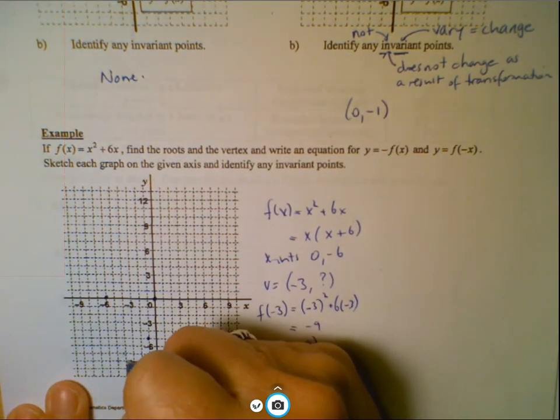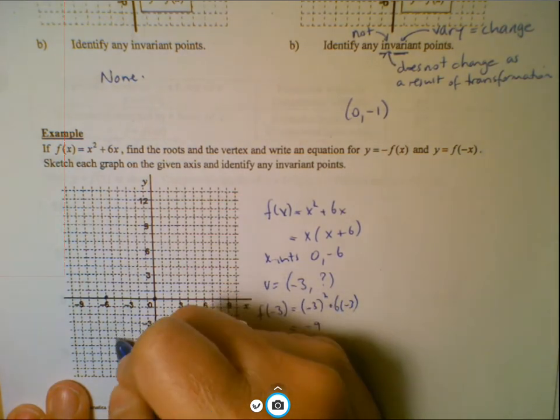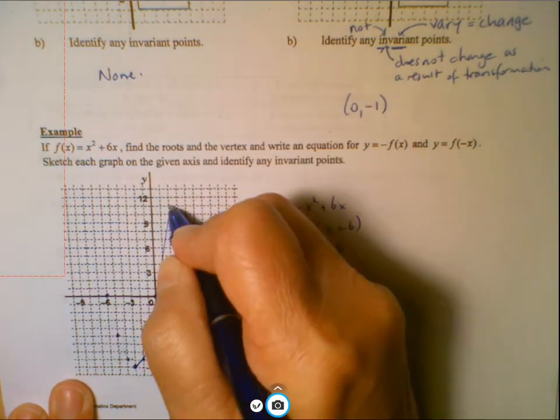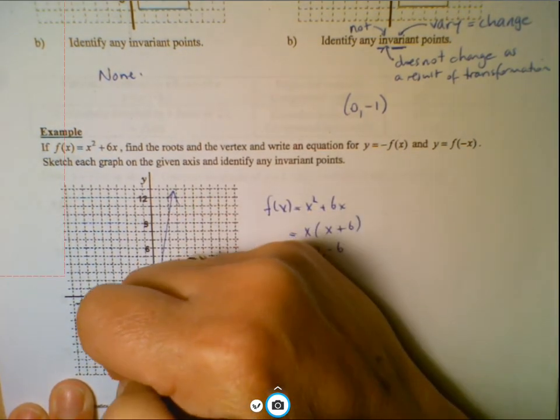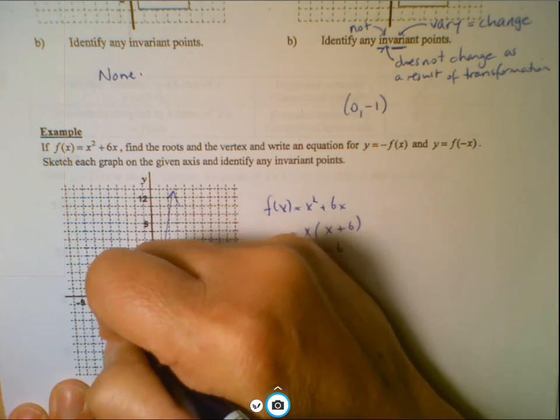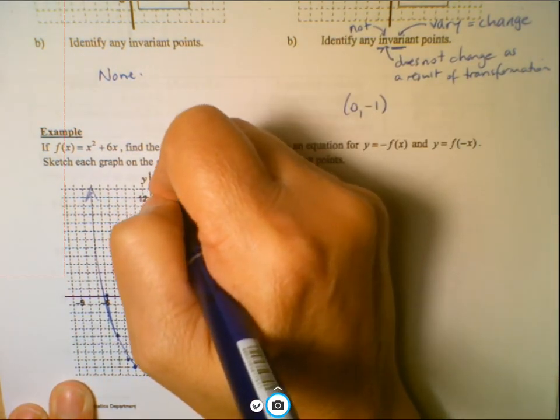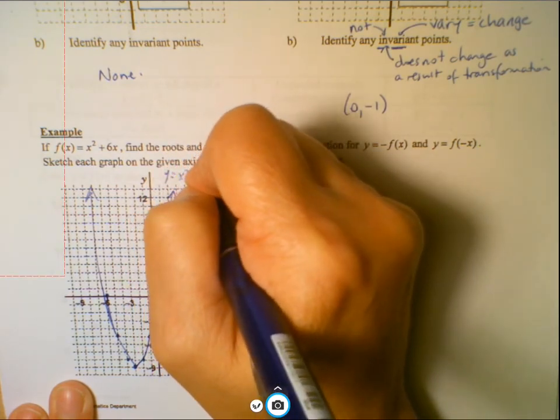And then on the other side, also go 2 and 1. Okay, now I got lots and lots of points for this. Okay, I'm going to draw it, extend it, and label it. I'll call it y = x² + 6x.